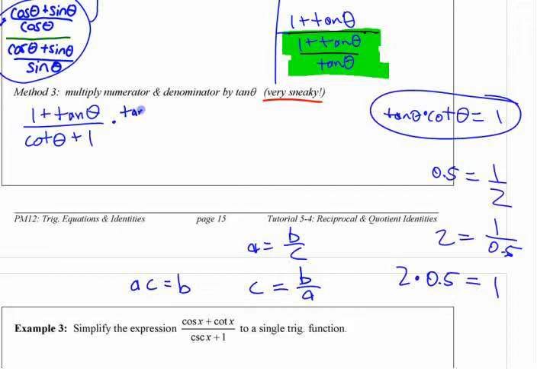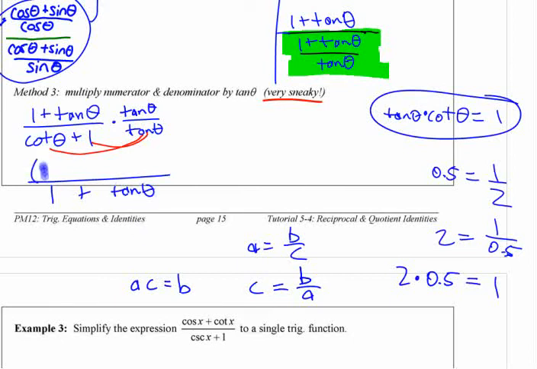If you multiply by tangent over tangent, and then expand it on the bottom, think about what you're going to get. Let's write the bottom of this fraction first. The bottom you have tangent times cotangent. What does that give me? It's just 1. Tangent times cotangent is 1. And tangent times 1 is tangent. That's what you have on the bottom.